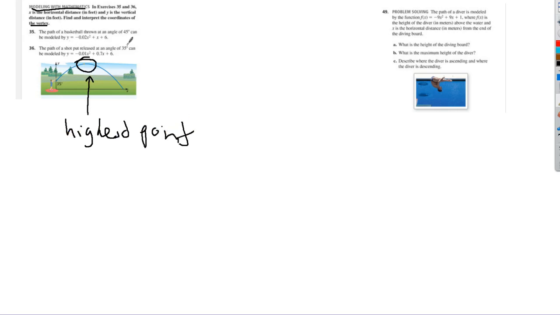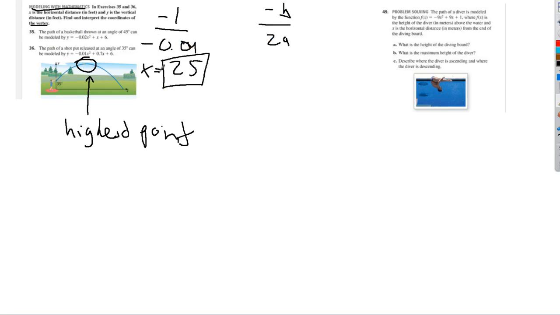To figure out the vertex, we either use the line of symmetry method, which I'm going to use. I'm going to do 1, so it's negative b over 2a, so negative 1 over negative 0.04, which is 25, right? x equals 25. Then put the 25 back into the equation.